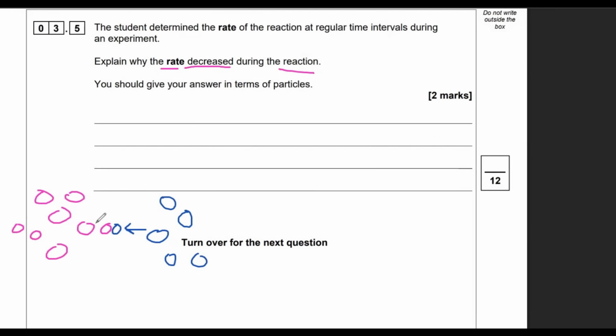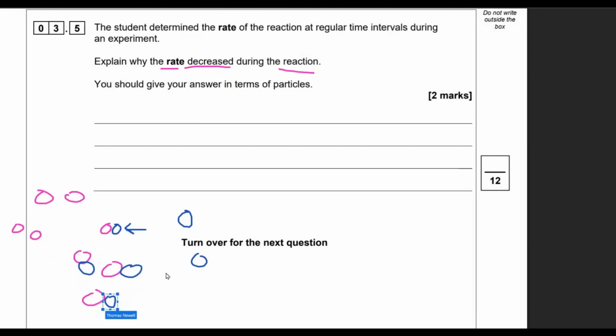The more they bang into each other, imagine they smash into each other and make something new, there are less of these to bang into each other. So the probability that a blue circle and a pink circle are going to smash into each other is decreasing as the reaction goes on, because there are less reactant particles, so there are less collisions.